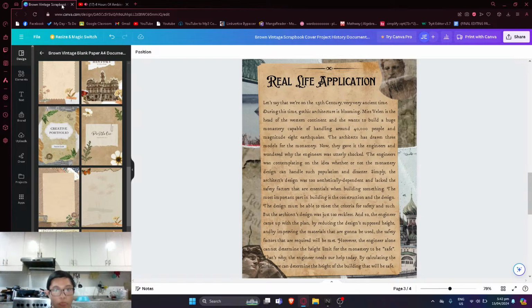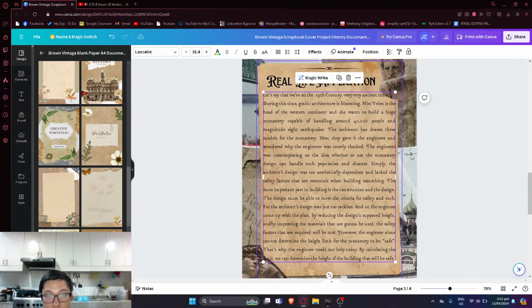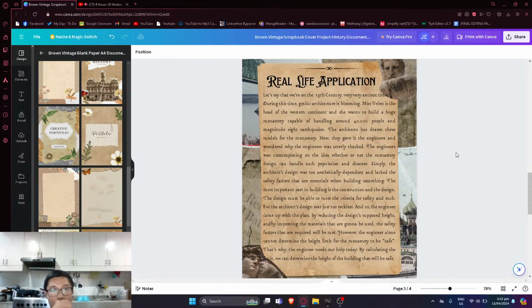Alright, so our problem is about engineering. So let's say that we're in the 15th century, very, very ancient time. During this time, Gothic architecture is blooming.